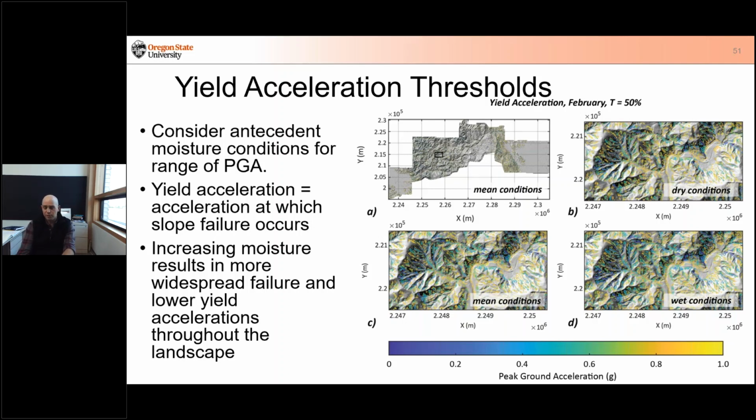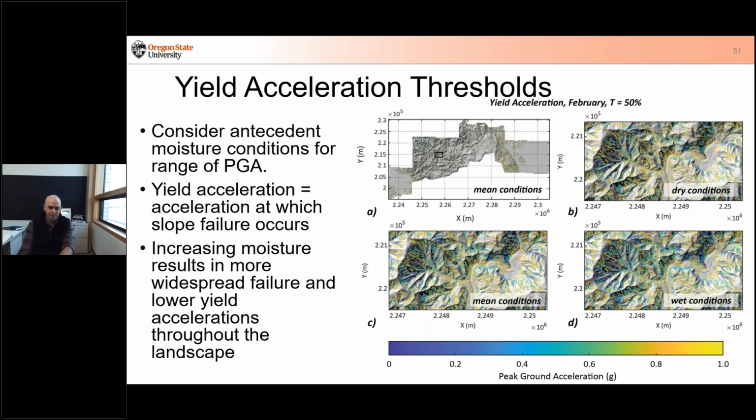So again, what we do is, for a variety of antecedent moisture conditions, we take a suite of PGA values, pseudostatic coefficients really, and we run each one to see what causes failure of a cluster. When failure finally occurs, we found the PGA that results in instability.